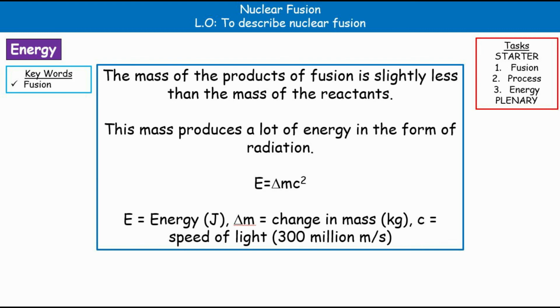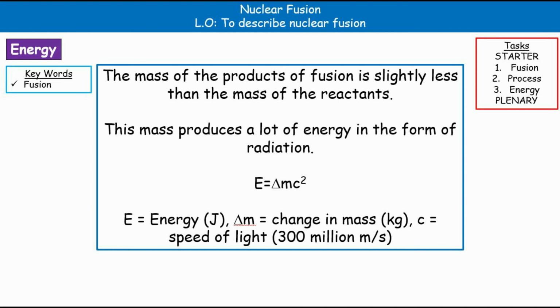So E stands for energy, and energy is measured in joules. Delta m is the change in mass. So wherever you see that triangle, that's the delta sign, and it just means change. And then m is our mass. c is the speed of light, and it's squared. So what we hopefully know is the speed of light is 300 million meters per second, so pretty quick.